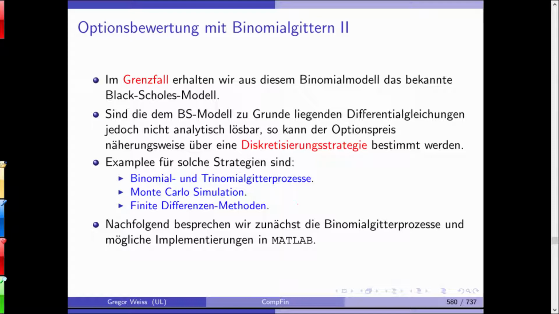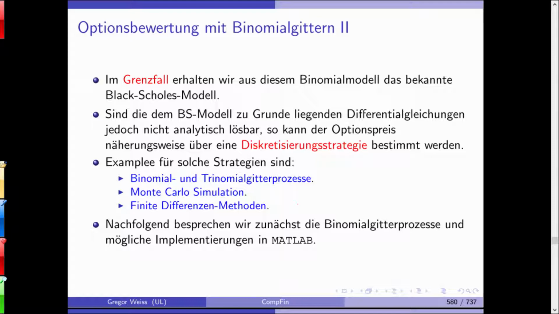Now, if we were able to find a solution to the Black-Scholes differential equation, and if we had a Black-Scholes pricing formula for any type of option, we would not need any of these methods. But pricing in continuous time is usually so complicated that for more complicated options we do not have a Black-Scholes pricing formula, so we need to resort to alternative methods.